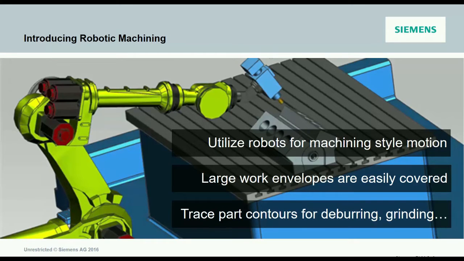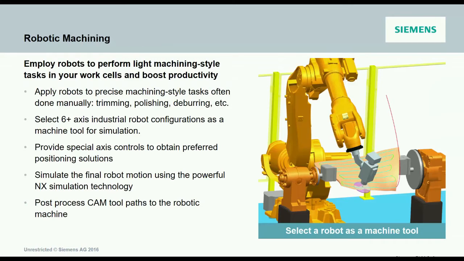So I'd like to introduce robotic machining with CAM Express, where we can utilize robots for machining style motion. Large envelopes are easily covered, and we can trace contour parts for deburring, grinding, and polishing. We can employ robots to perform these light machining style tasks in your work cells and boost productivity.